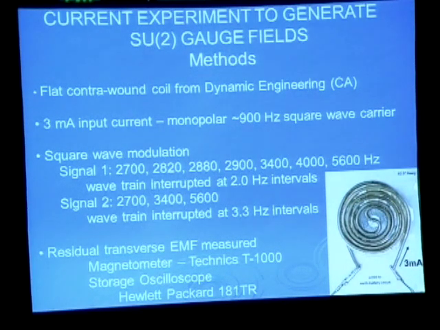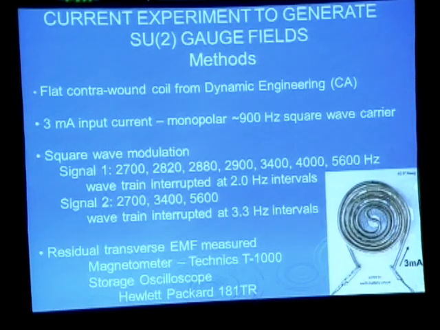The current cancels, the magnetic force field vectors cancel, and you generate some kind of a potential field like described in the two papers I just described. So you have some kind of an SU2 non-classical field generated.